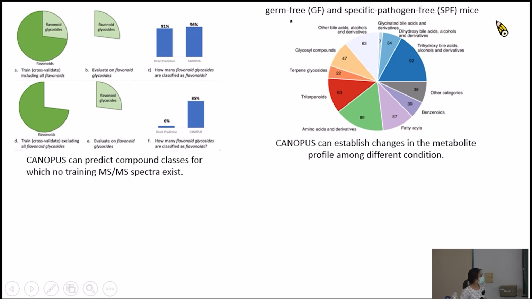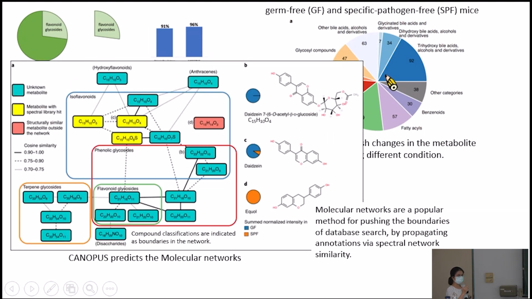All of this shows up to a 10-fold statistical difference in their prediction. Based on this data, they mentioned that the CANOPUS tool is very useful in identifying metabolite changes among different conditions.